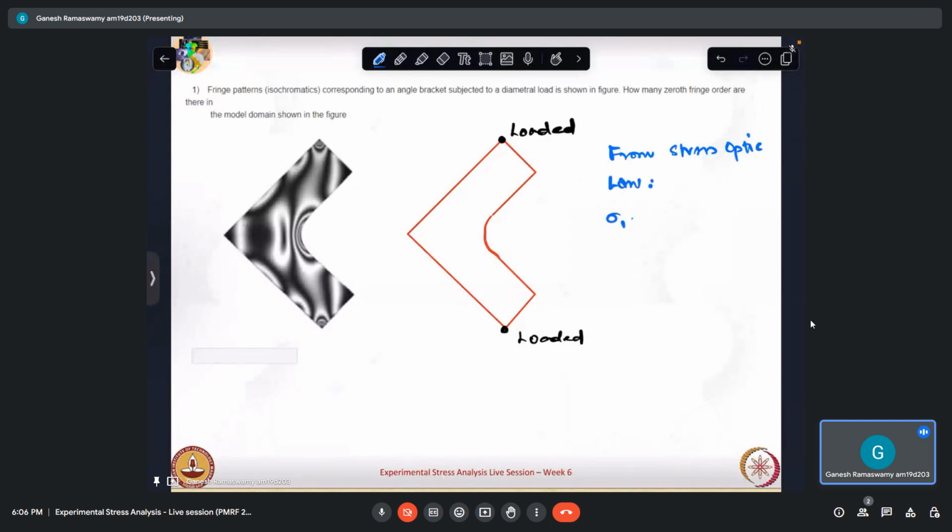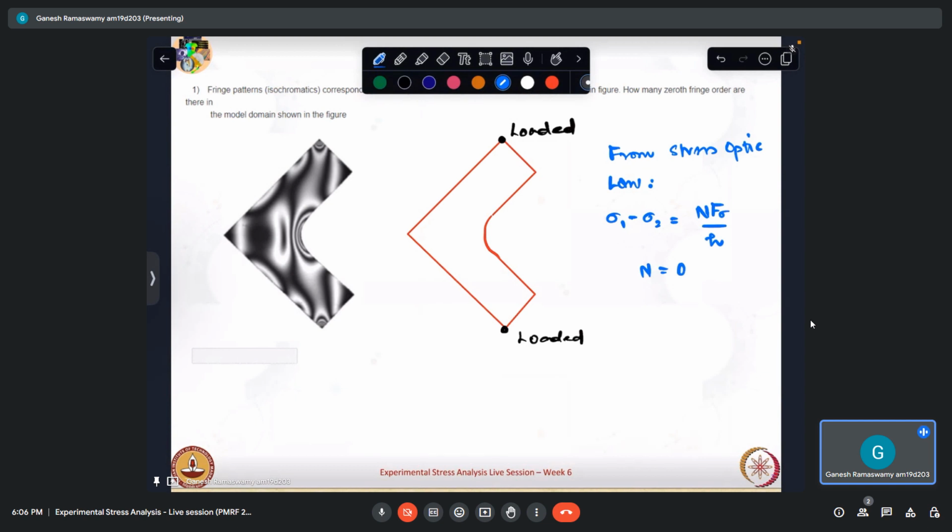We will have sigma 1 minus sigma 2 equal to n f sigma by h or t, howsoever we name it. h or t is basically the thickness of the specimen. So, when sigma 1 and sigma 2 are both 0, the fringe order there would be 0.